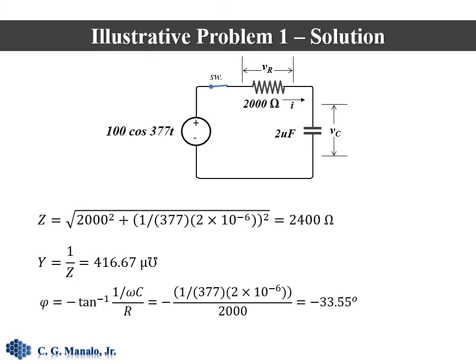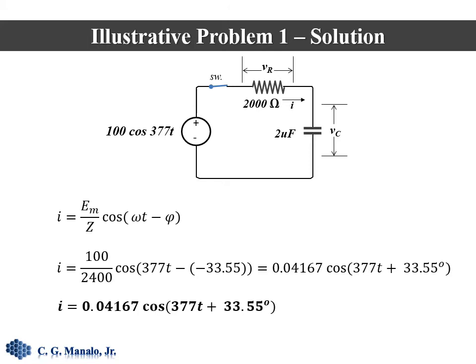So here, first we compute for the impedance. So it's just a direct substitution. And after doing that, we can get the reciprocal to get Y or the admittance. And we could proceed to get the phase angle phi.